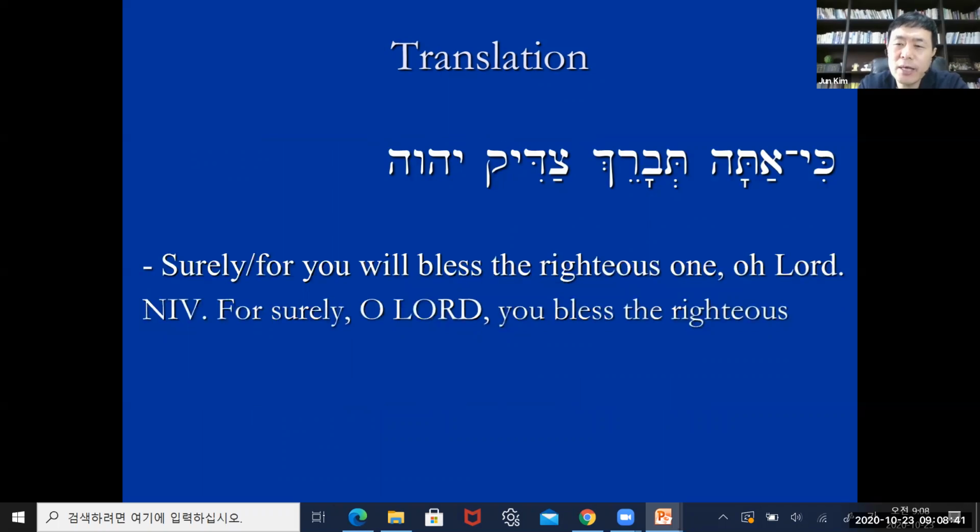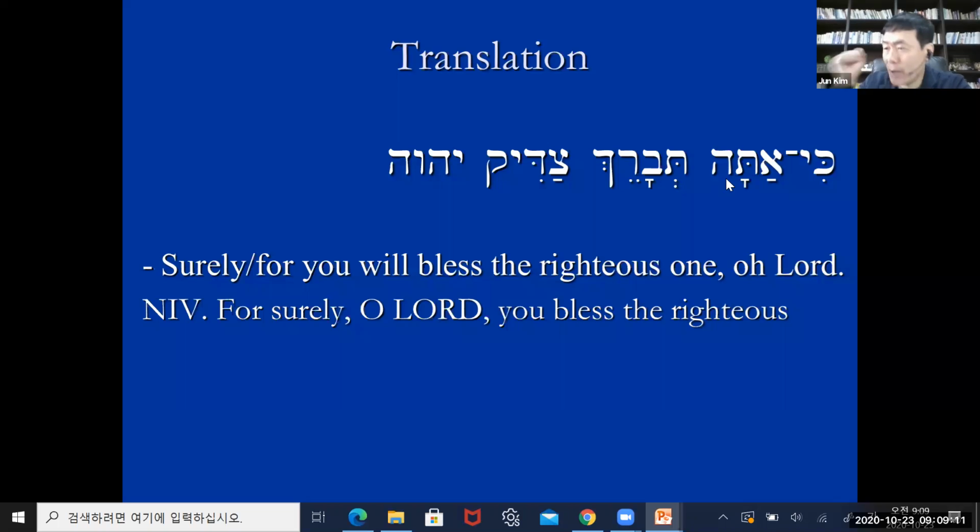So what is the translation today? Key, surely or for, but ata together with the prefix pronoun. So now ata indicates 2MSG. Although you put the two possibilities, 3FSG and 2MSG, at the end you know that this form must indicate 2MSG because of ata. So how are you going to double the subject?